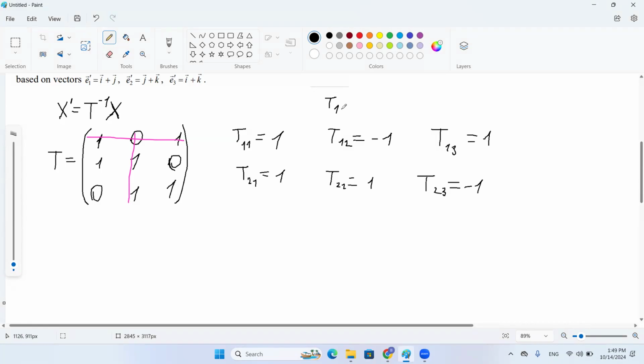We need also to multiply the minor by minus 1 in the power of i plus j. So don't lose signs. Be attentive. And then T31 equals minus 1.